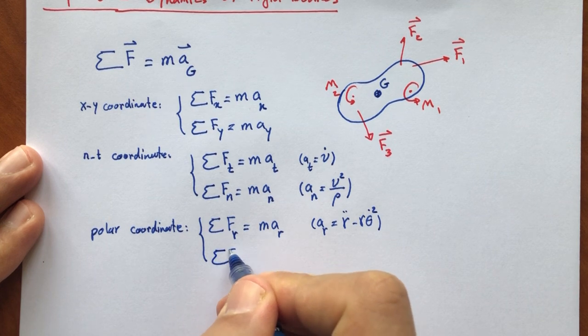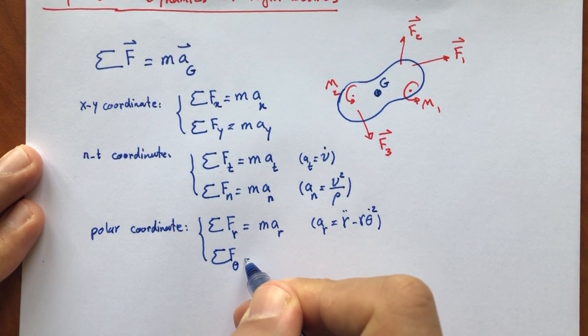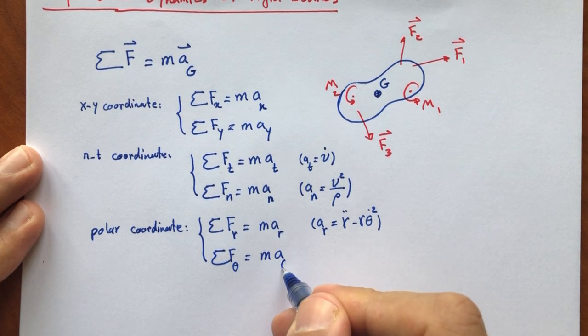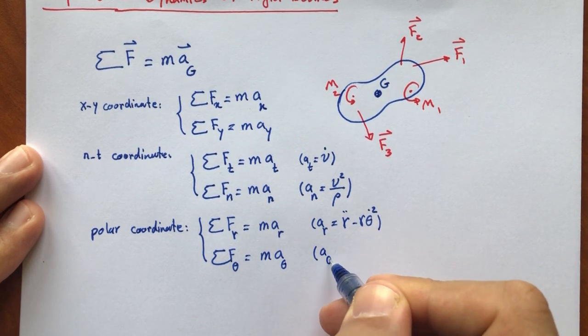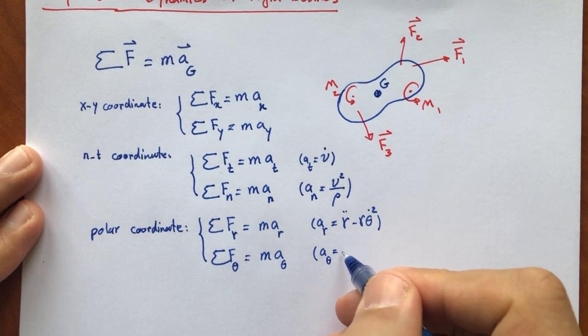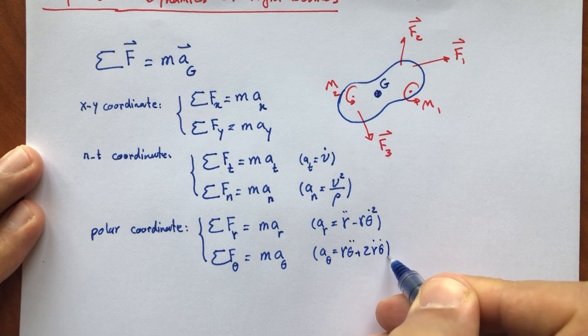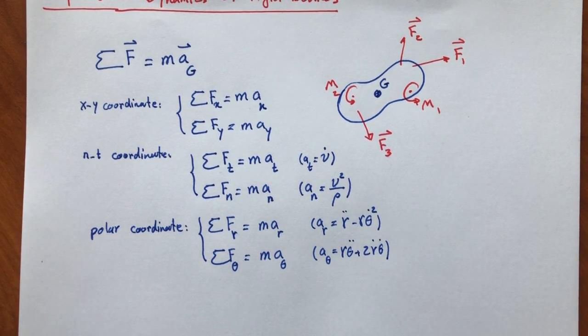And sum of the forces in theta direction is equal to mass times acceleration of the centroid in the theta direction. And a theta is r theta double dot plus 2 times r dot theta dot. In general, as I told you, sum of the forces in any direction is equal to mass times acceleration in that direction. And when we are saying acceleration, we mean acceleration of the centroid.